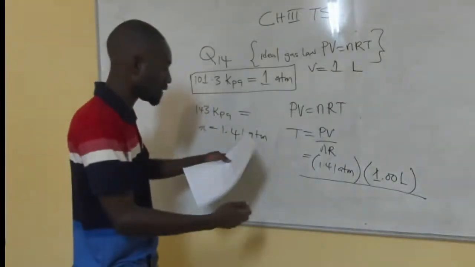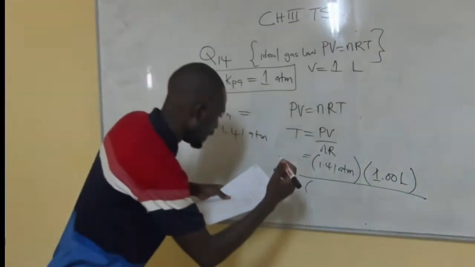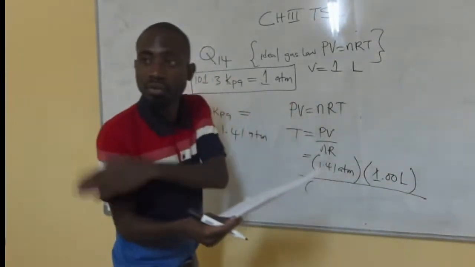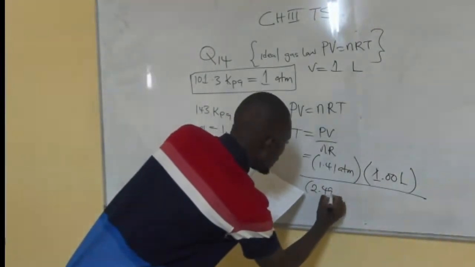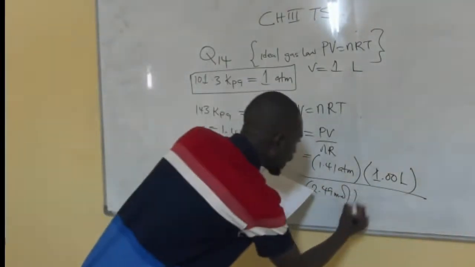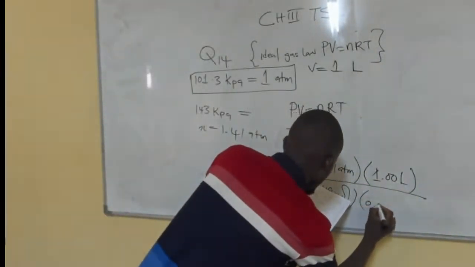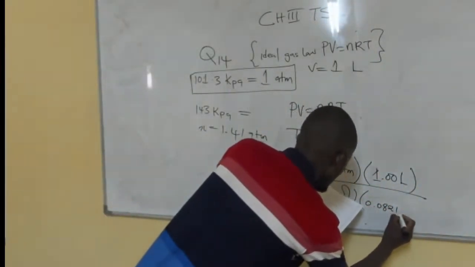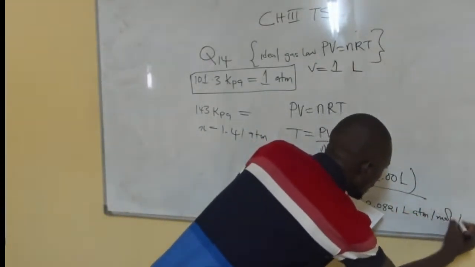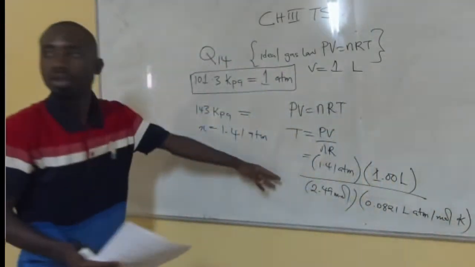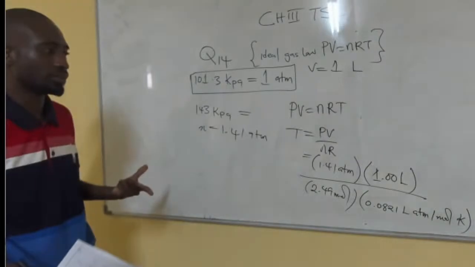You need to be able to differentiate so that you are able to pick it. From there, the number of moles you are given is 2.49 mol. Of course, the R that we use is 0.0821 L atm per mole Kelvin. Once you reach this level, you're as good as there.